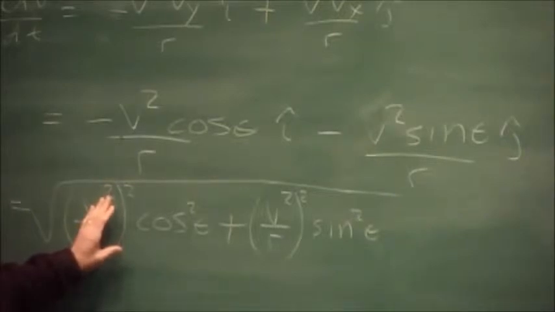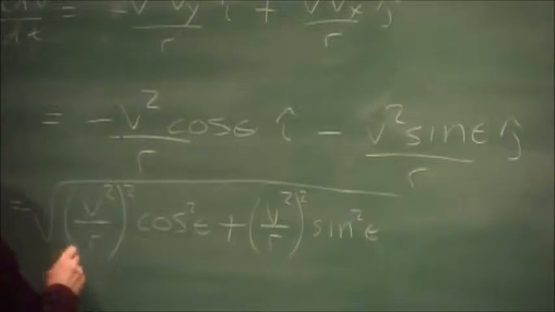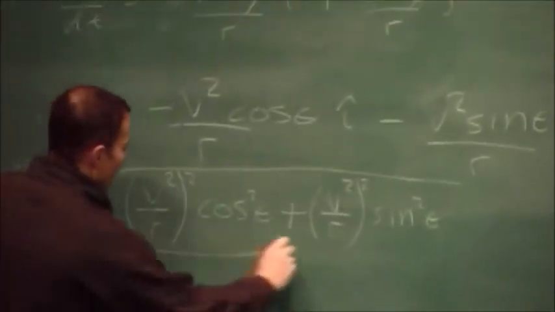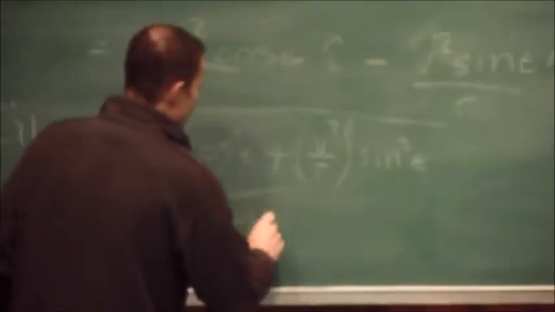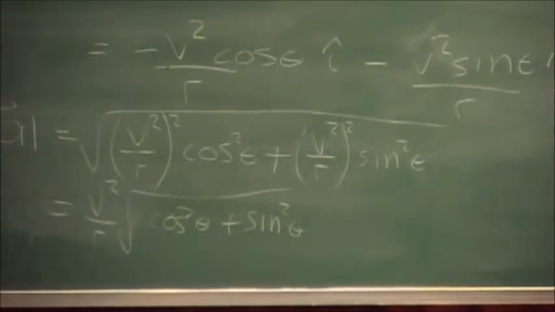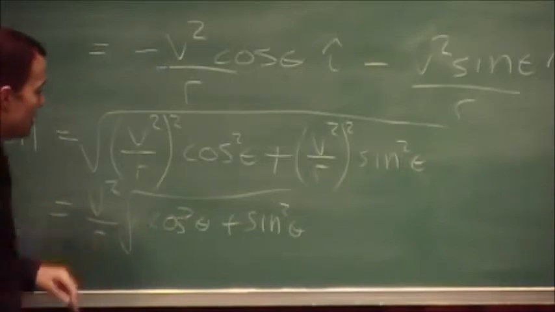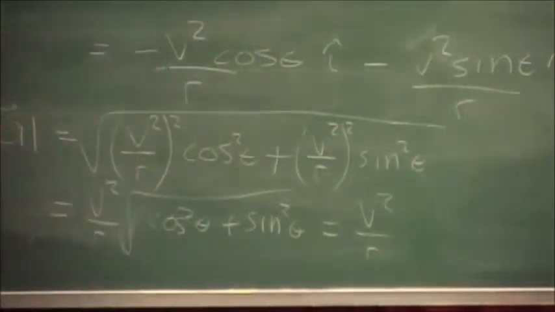Right? And when that comes out of the square root, I simply get V squared over R. Then under the square root, I have a cosine squared theta plus a sine squared theta, which is what? That's 1, right? Cosine squared theta plus sine squared theta is equal to 1. And so we see that this is equal to V squared over R. So what we've shown is that the magnitude of the acceleration vector is V squared over R.